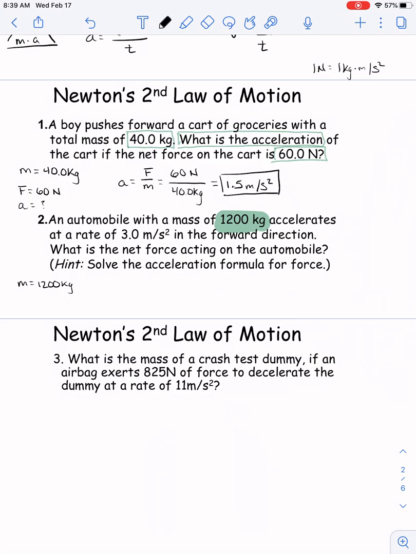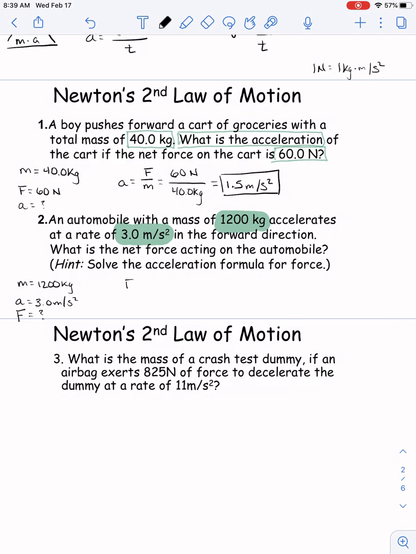And then it says it accelerates with a rate of 30 meters per second squared. Or sorry, 3 meters per second squared. So our acceleration, 3.0 meters per second squared. And we are looking for the net force.